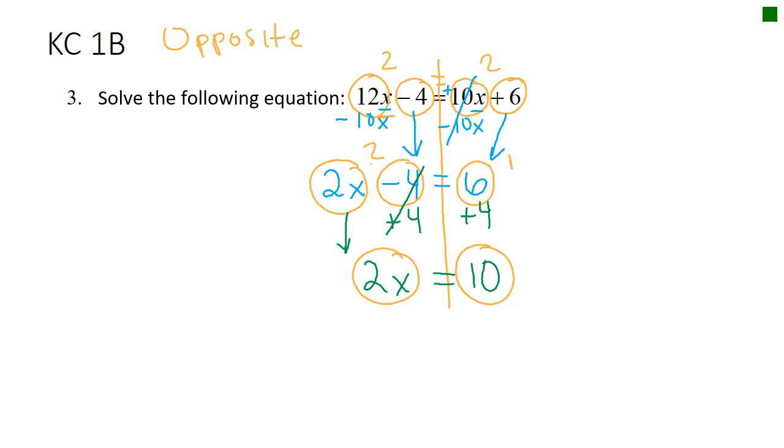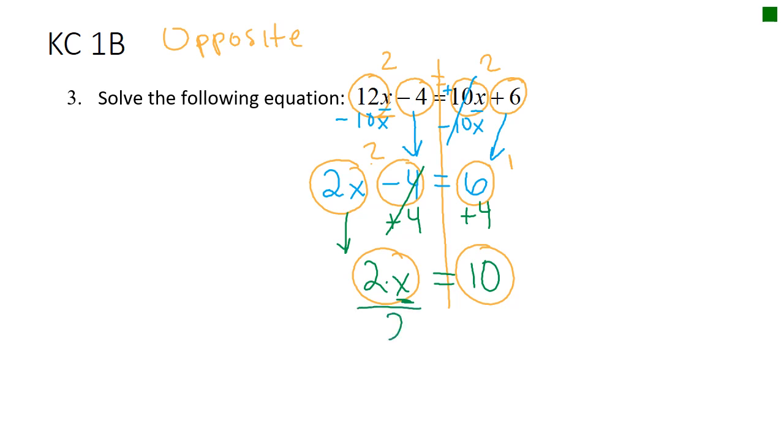It doesn't matter which side we start from, but now, remember, we want x to be by itself. And I know I don't have another x on the other side, right? So this is the time to get rid of that number. I told you guys from KC1 that 2x is just 2 times x. What's the opposite of multiplication?